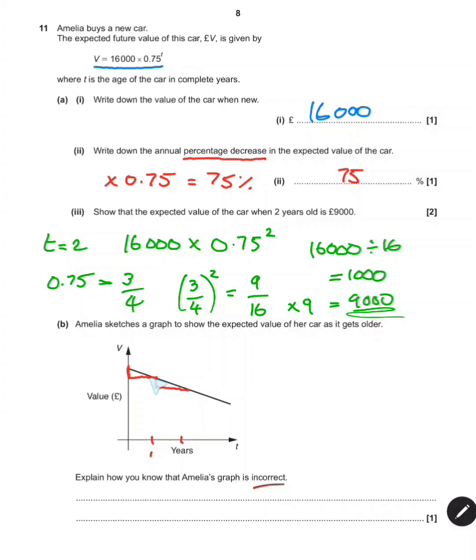So this graph is showing the same drop every single year, which is not how this compound increase or depreciation formula works. So you could write something like that. What we would expect to see on this graph is a sharp decrease first, and then that levels out over time.